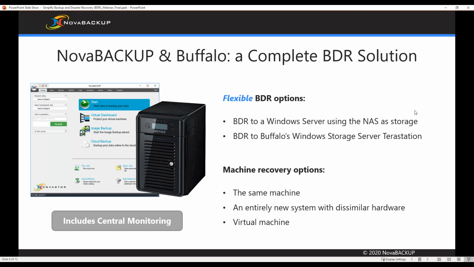You can bring your own server, you can bring your own storage, or you can use what I'm going to demonstrate in a little bit, the NovaBACKUP solution with the Buffalo Windows storage server, for basically a complete solution that can bring up the virtual machines from a disaster on that BDR, on that TerraStation itself. So it can be as simple as that, or you can bring your own storage, server, what have you.